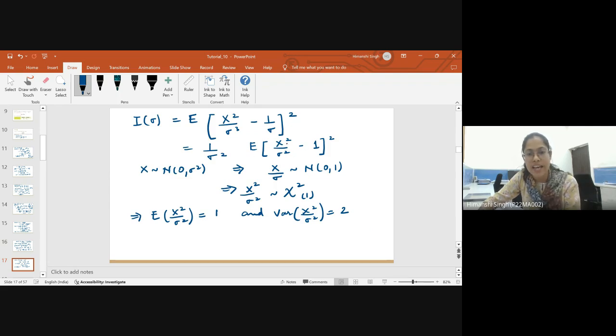So this is basically expected value of x square by sigma square minus expected value of x square by sigma square, whole square. Because here it is 1. So this is basically the variance of x square by sigma square.